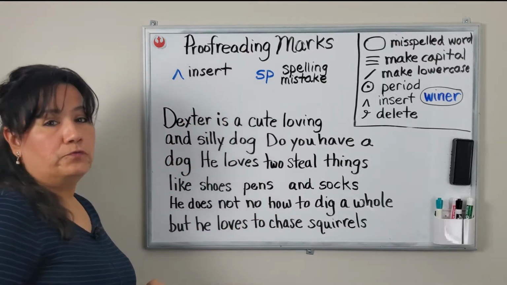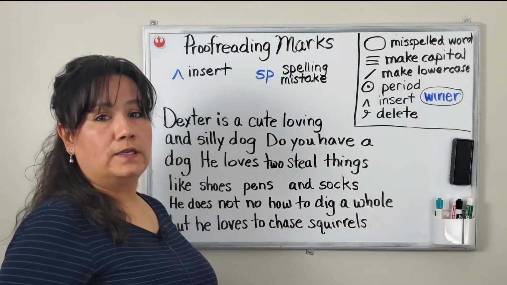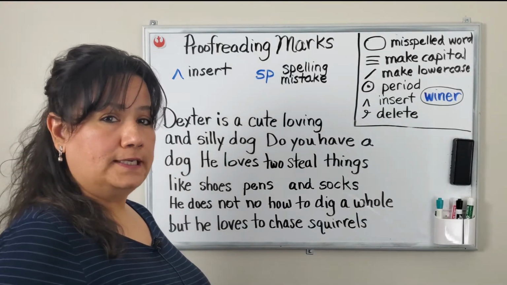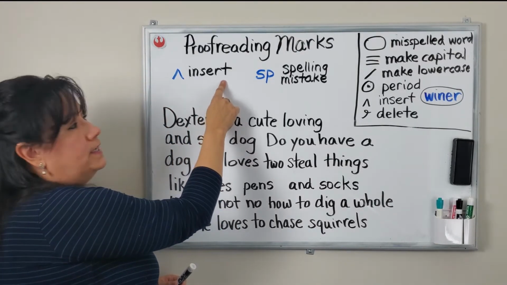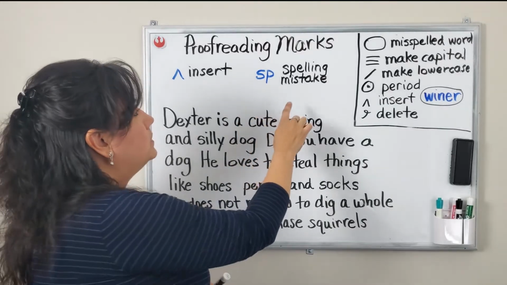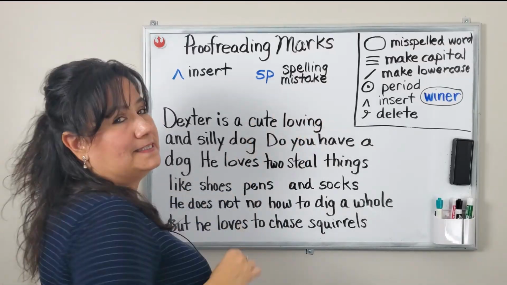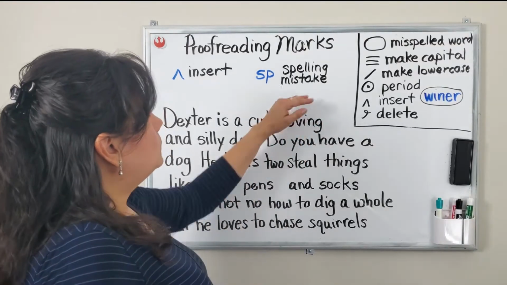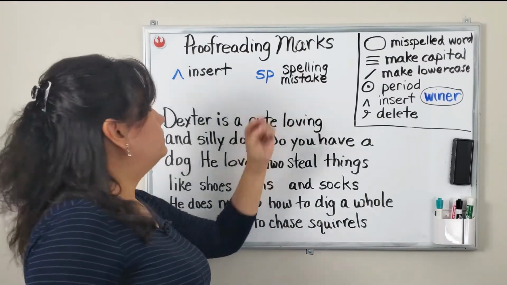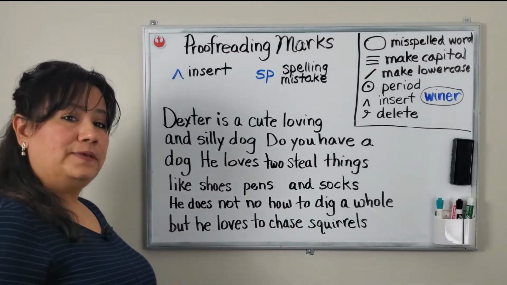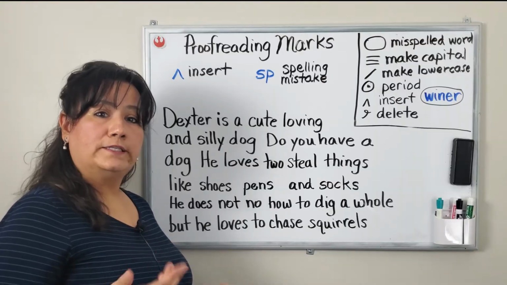So again, proofreading marks are going to help us to find the mistakes in our writing so that we can correct them and have good sentences, good paragraphs. This little symbol means to insert, and SP is going to be used to mark spelling mistakes. So if you see a word that is misspelled, we're going to put an SP right on top of it. If you see something that needs to be inserted, we are going to put this symbol, and we need to put what needs to be inserted.